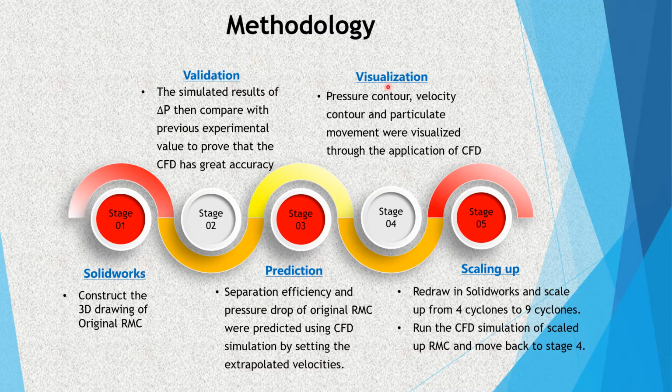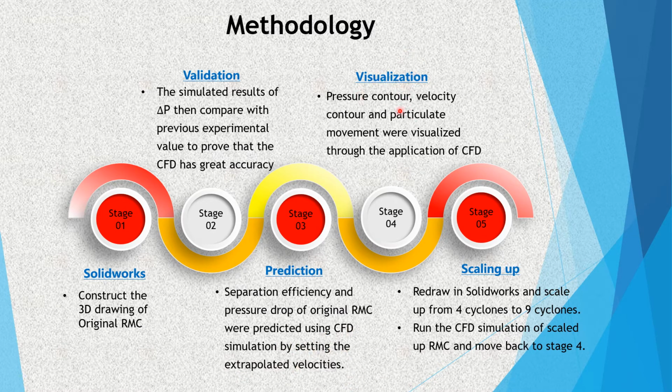This is the summarized process flow of the methodology. In stage 1, the 3D drawing of the original RMC was constructed in SolidWorks. In the next stage, for validation purposes, the simulated results of pressure drop are compared with the previous experimental value of pressure drop to prove that the CFD has great accuracy. In stage 3, separation efficiency and pressure drop of the original RMC were predicted using CFD simulation by setting the extrapolated velocities.